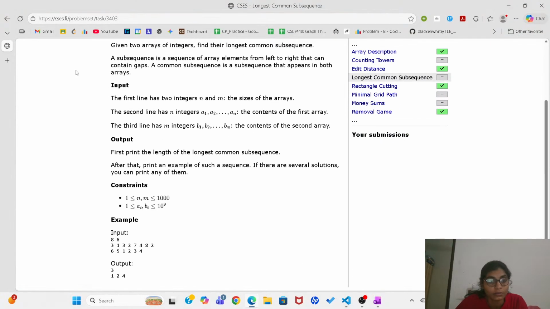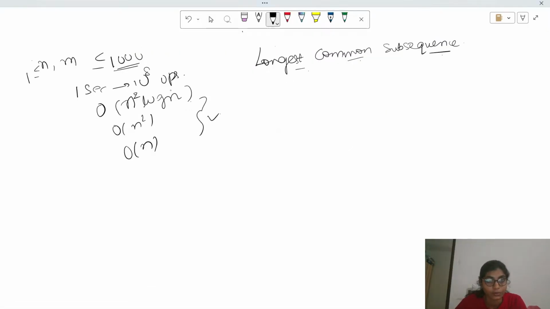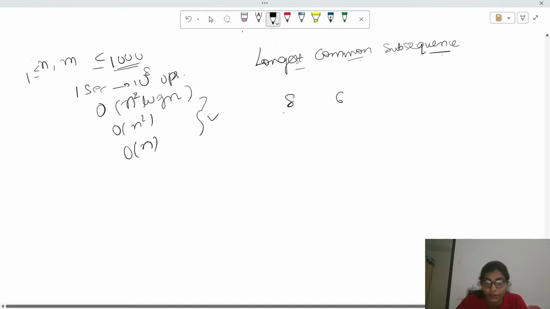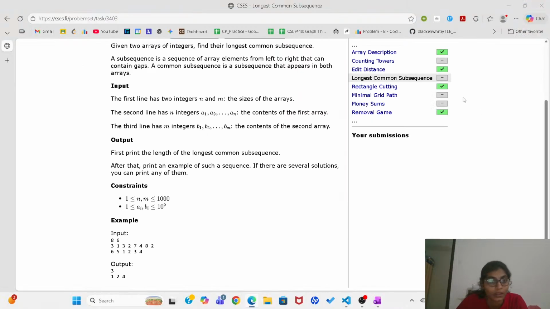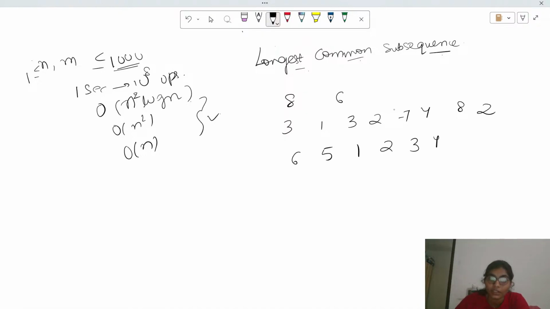So let's take an example. The first array is 3 1 3 2 7 4 8 2 and the second is 6 5 1 2 3 4. We have to find the longest common subsequence. 1, 2, 4.